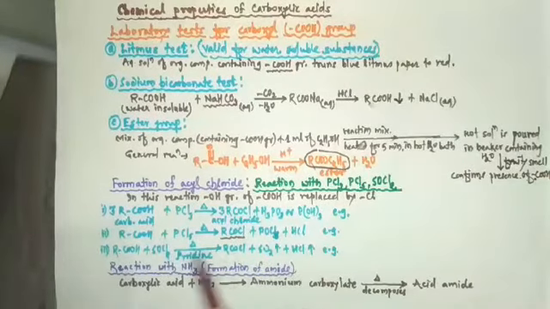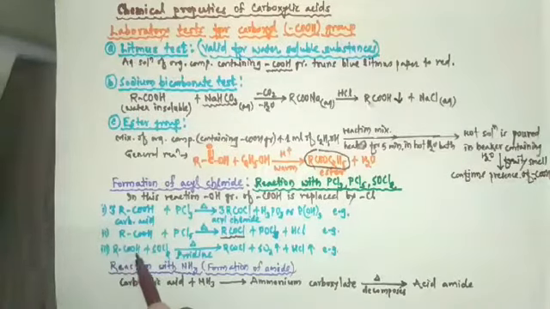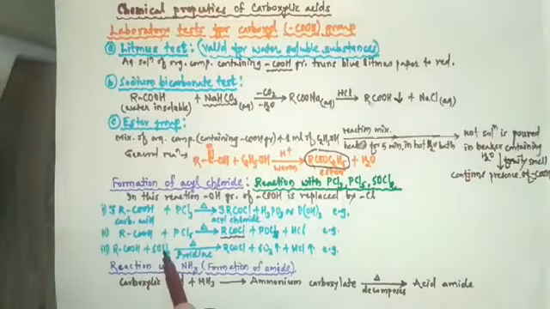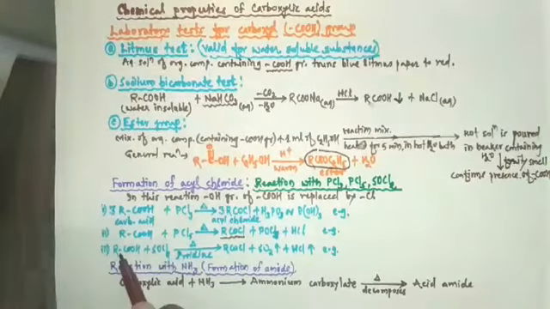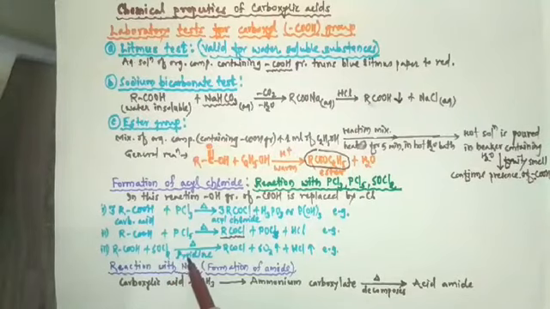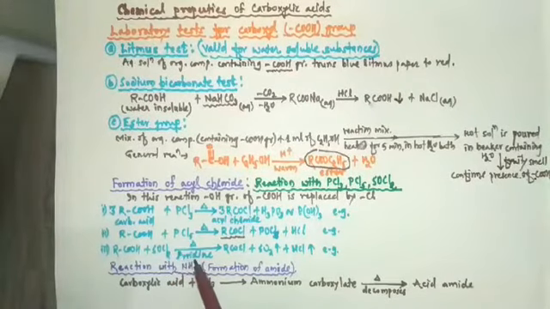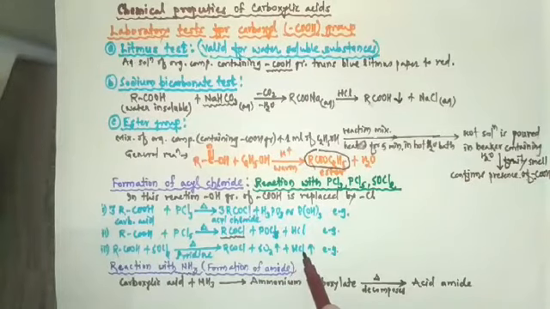Then the third reaction is the reaction of a carboxylic acid with thionyl chloride, whose formula is SOCl2. A carboxylic acid on heating with thionyl chloride in the presence of a base, pyridine, gives the corresponding acyl chloride with evolution of sulfur dioxide gas and HCl gas.